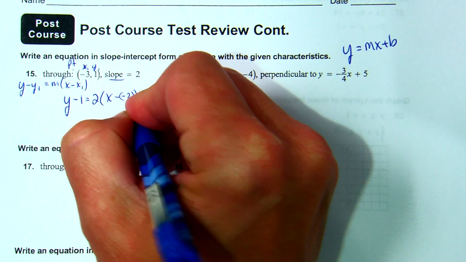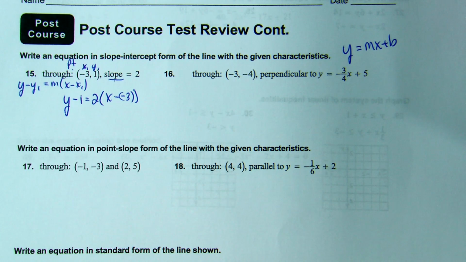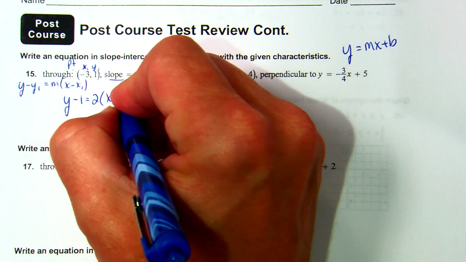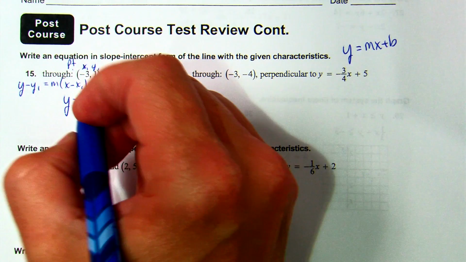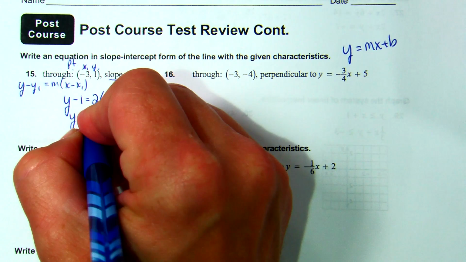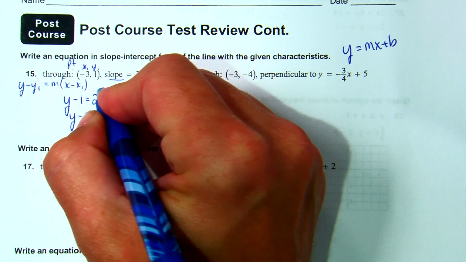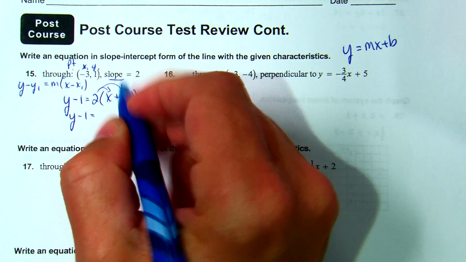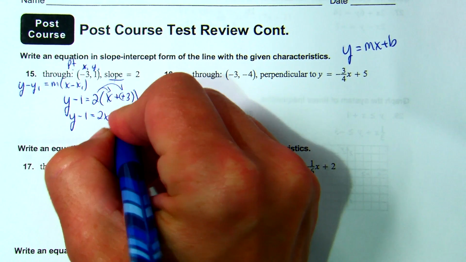And we all know by now, minus a negative just becomes a plus, right? So I'm going to have y minus 1 equals, and I'm going to distribute the 2 into the x and the 3. So I'll have 2x plus 6.